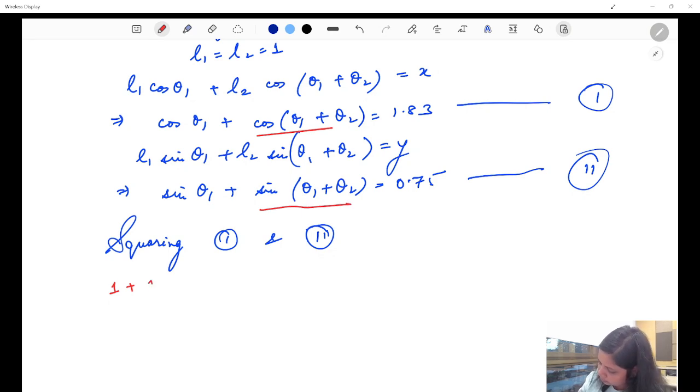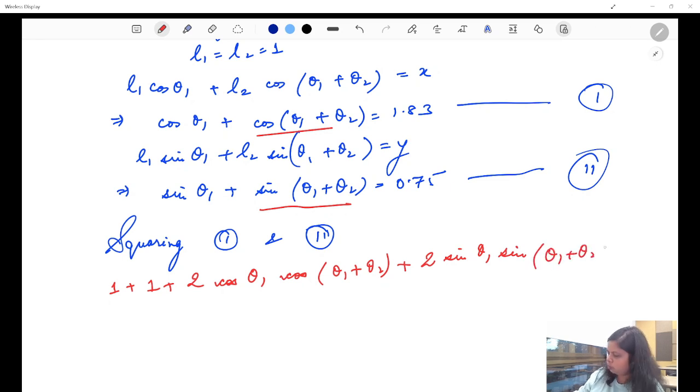That means it is again 1, plus 2 cos theta 1 cos theta 1 plus theta 2 plus 2 sine theta 1 sine theta 1 plus theta 2 is equal to 1.83 square plus 0.75 square.